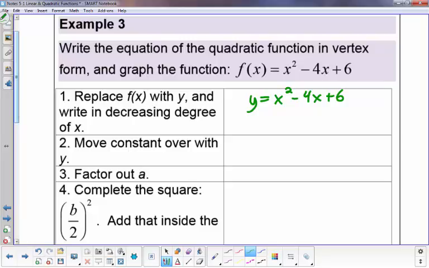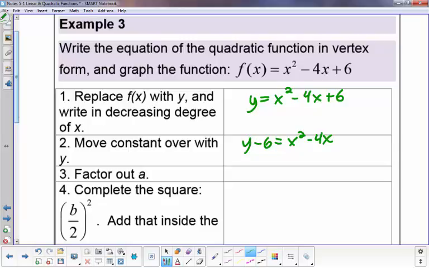Now we need to put it in vertex form, which means we need to get the x squareds in something we can factor out nicely. We want to make it a perfect square trinomial, which means we are going to do completing the square. First thing we need to do is get the x squared and the x by themselves. So we move the constant: we subtract 6, so y minus 6 equals x squared minus 4x.